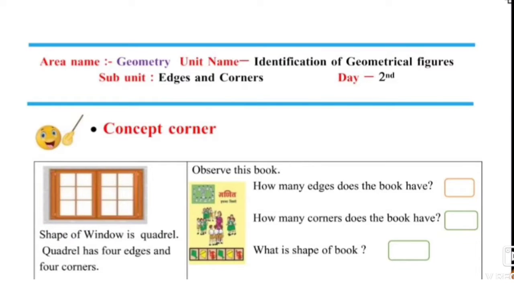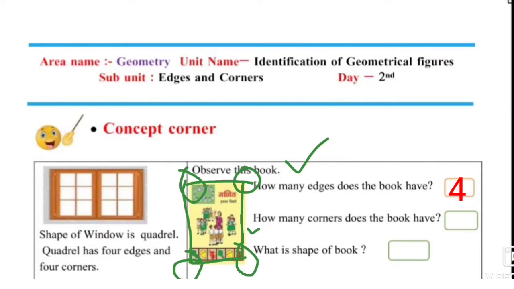Dear students, observe this book. How many edges does the book have? This is one edge, this is second edge, this is third edge and this is fourth edge. The book has 4 edges. So, how many corners does the book have? Let's count. 1, 2, 3, 4.